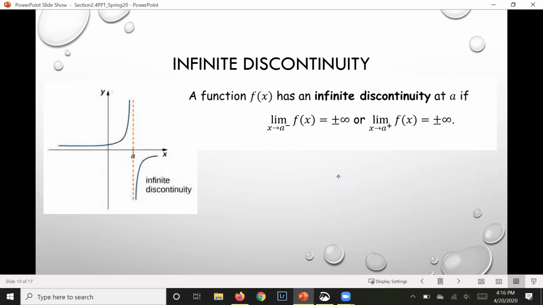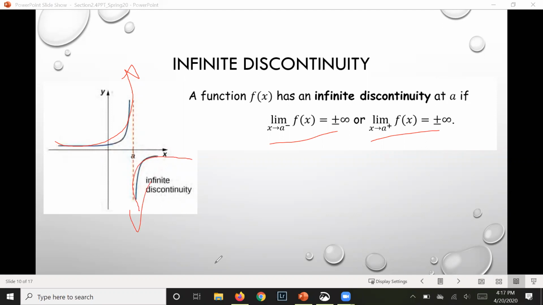We've looked at a couple of these already, but just notice over here in the graph, as we come from the left-hand side, the graph shoots up and is going towards positive infinity. So that would be an example of the first part, where from the left-hand side we're going to positive or negative infinity. And then we can also have what we have here on the right-hand side, where it's shooting down towards negative infinity. And so that's the second part there.